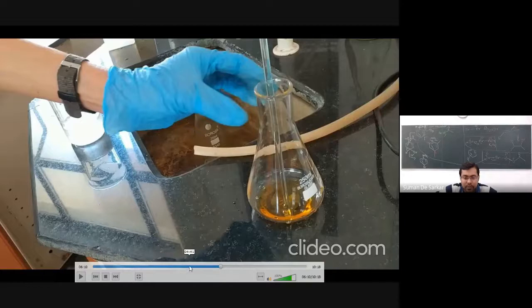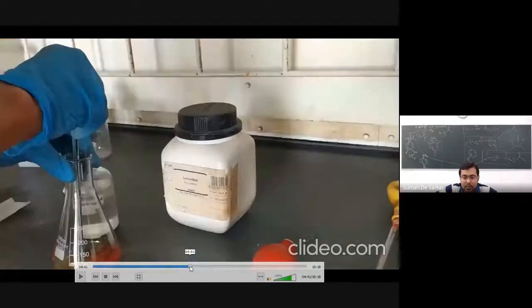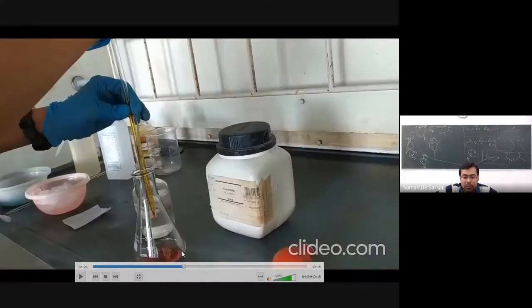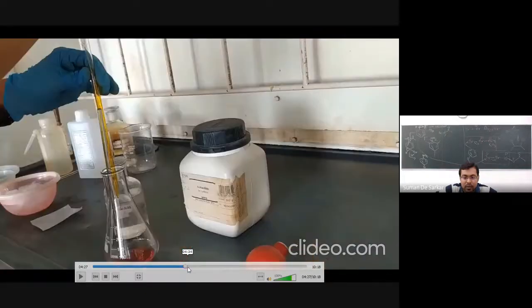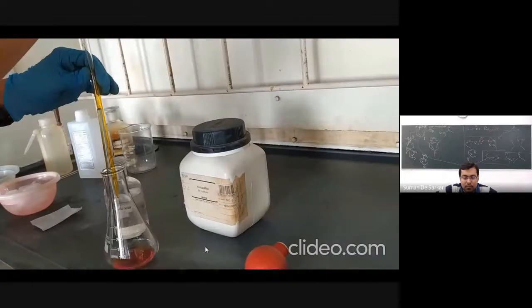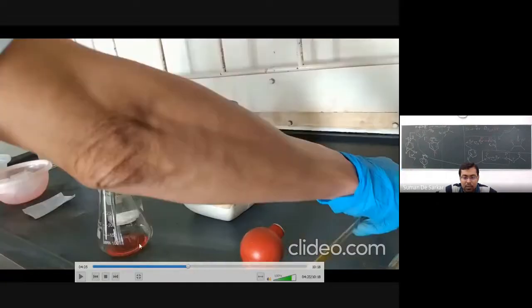I will just go back for a few minutes. We are at 6 minutes 10 seconds. After adding the bromine, you see the color was much darker, a bit reddish, right? So this is the bromine color after addition. It was much darker here. Now we go to 6 minutes 10 seconds.